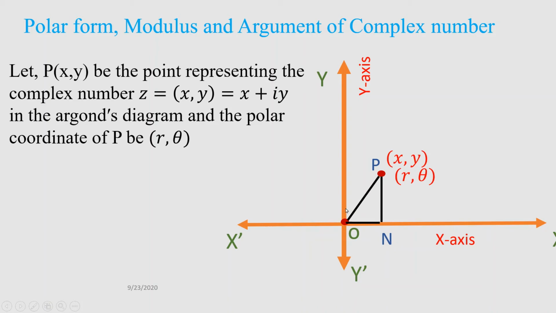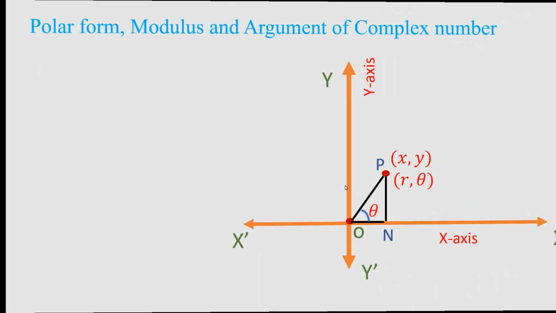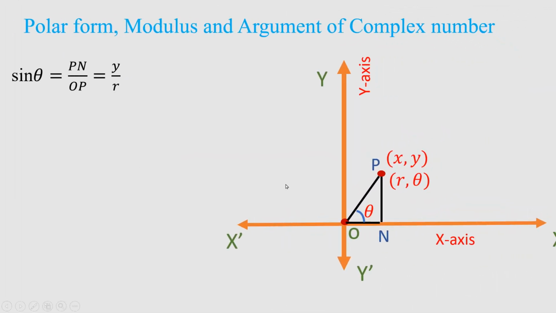Then this length OP is equal to r and this angle is equal to theta. So sin theta is equal to perpendicular by hypotenuse. Here perpendicular is PN and hypotenuse is OP, and PN is equal to y and OP is equal to r. Therefore we get y is equal to r sin theta, and mark this equation as 1.